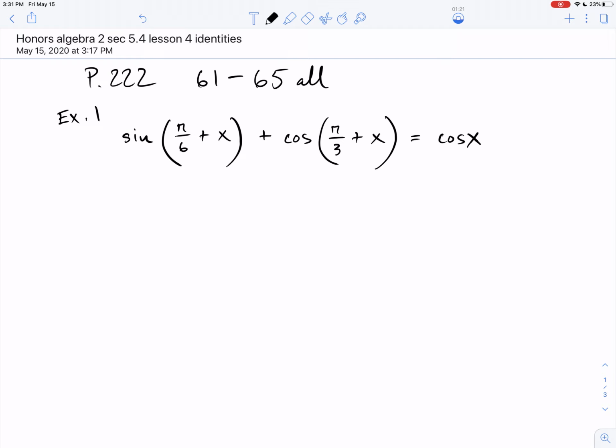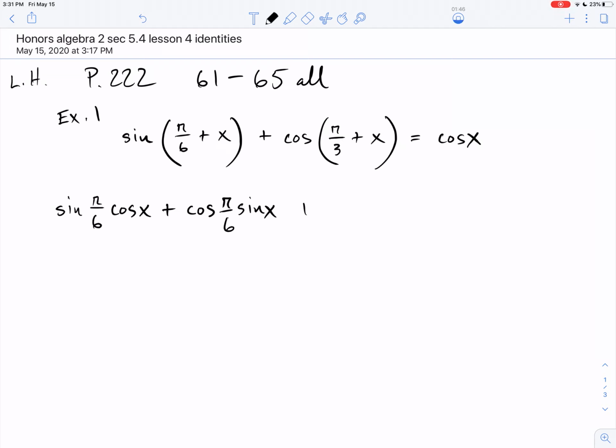So let's begin. The very first part, I'm going to do this all left hand, by the way. This is a left hand problem. So I'm going to say sine of pi over 6 cosine x plus cosine of pi over 6 sine x. What am I going to do with that?